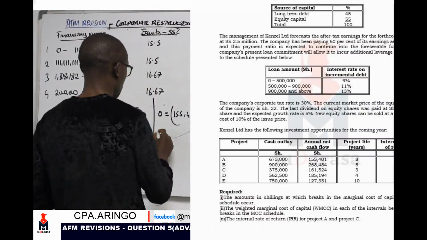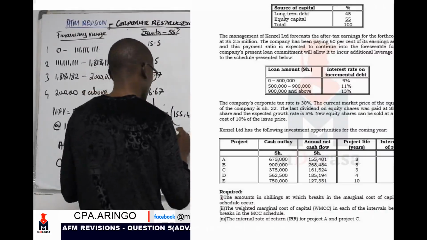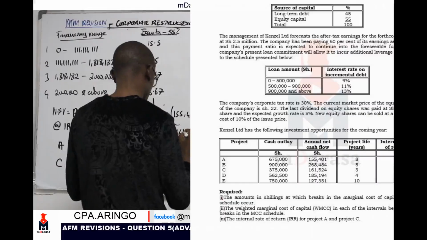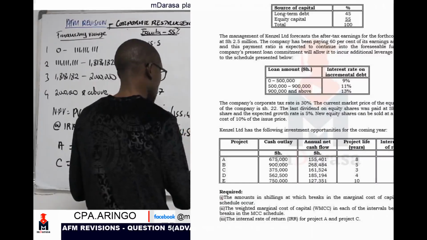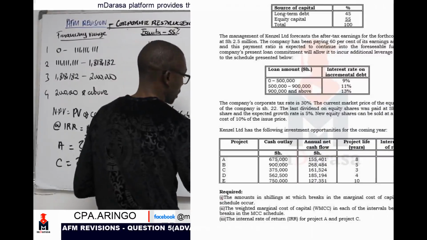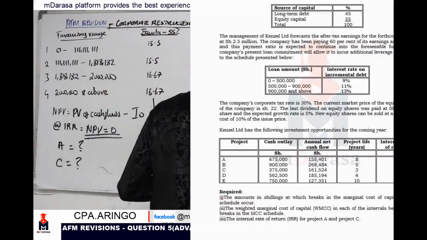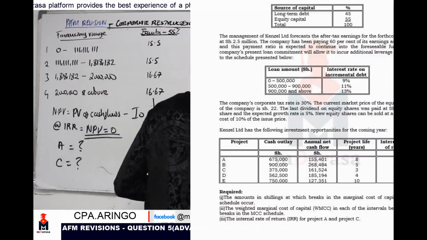Then project C, cash flow is 161,524 times present value interest factor annuity. Rate, I don't have, 3 years, minus our initial outlay, which is 375,000.